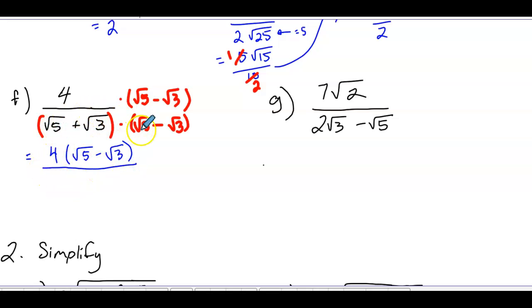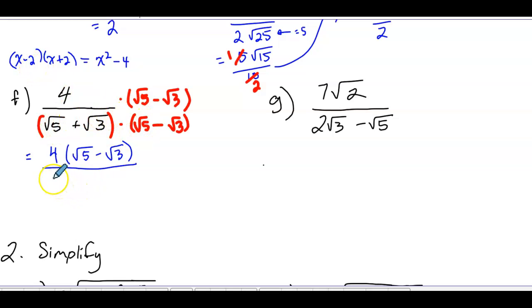But then here, when you're multiplying by conjugates, what happens is, remember with polynomials, if you have x minus 2 times x plus 2, it gives you a difference of squares, x squared minus 4. The first term squared minus the second term squared. So that's what's going to happen here.